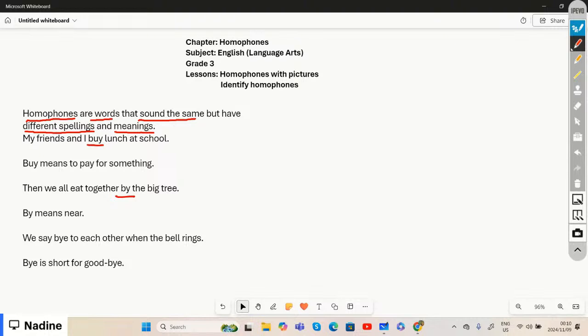So by, and that by means near. It's like, let's go and eat over there or here, something like that. That is by.